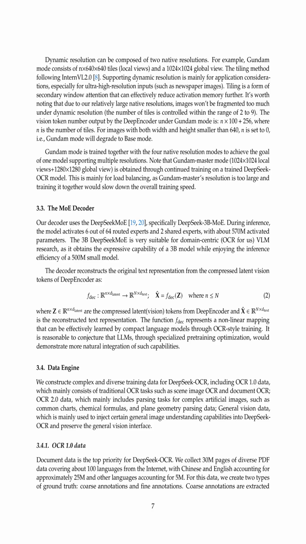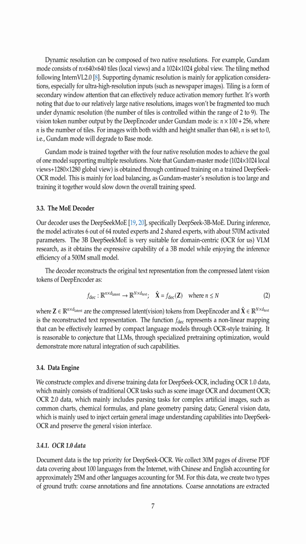The decoder reconstructs the original text representation from the compressed latent vision tokens of DeepEncoder as f_dec: R^(n×d_latent) → R^(N×d_text), x̂ = f_dec(Z) where n is less than N, where Z ∈ R^(n×d_latent) are the compressed latent vision tokens from DeepEncoder, and x̂ ∈ R^(N×d_text) is the reconstructed text representation.